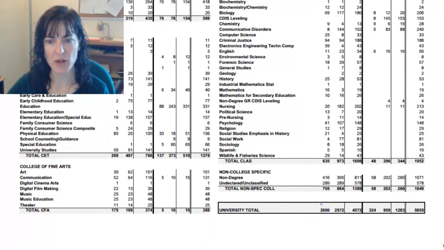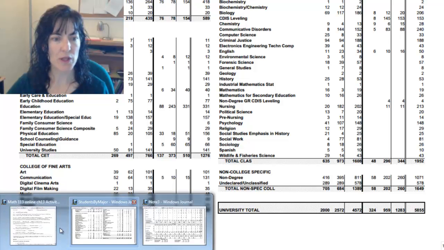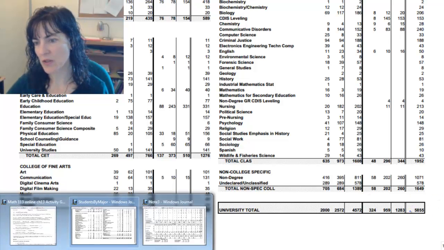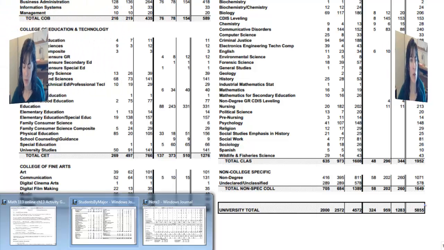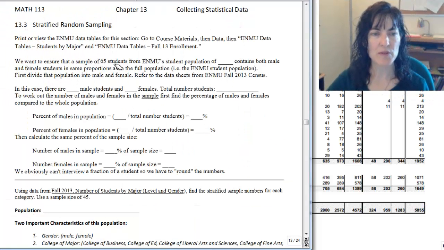So I'll have males over here, females over here, males and females, and I wanted to know how many male students I had. So 2,000 plus 324. So that's going to give me the total number of students altogether. So we want to ensure that a sample of 65 students from ENMU's student population of blank.